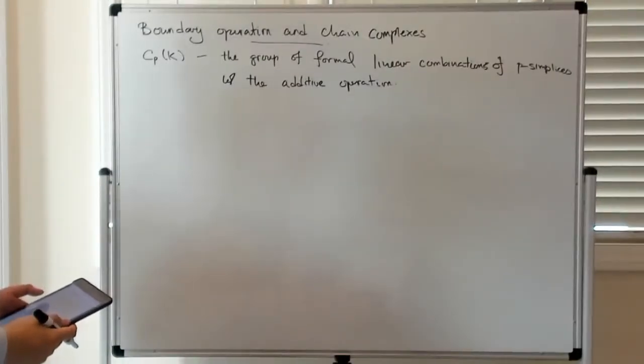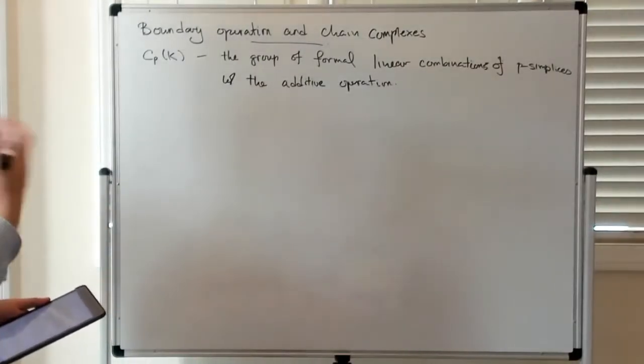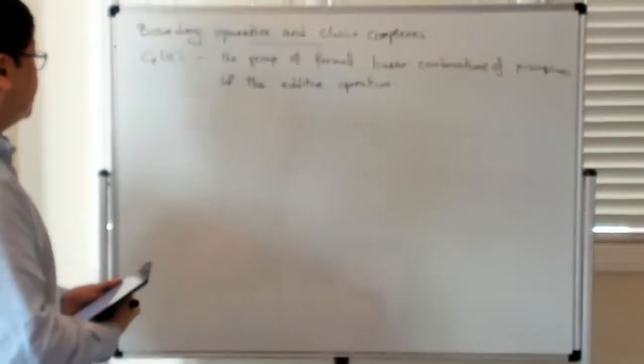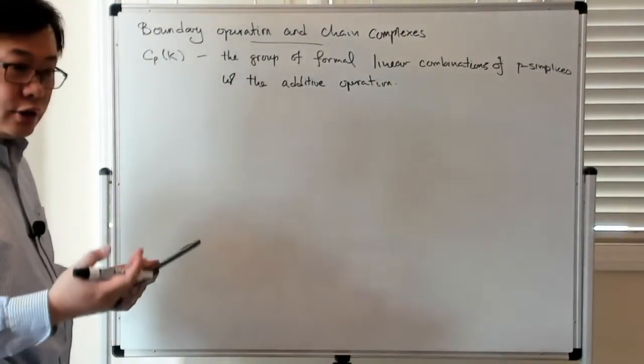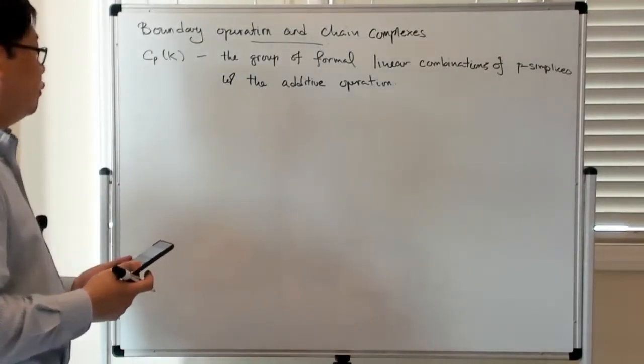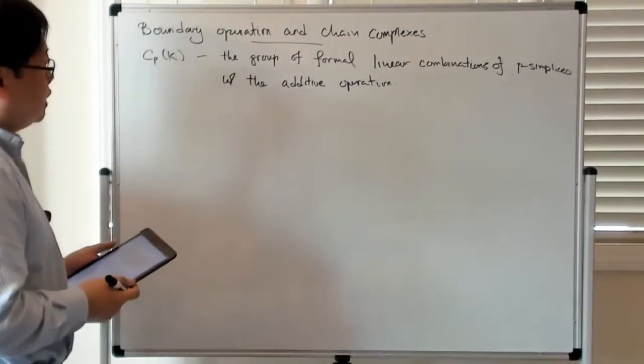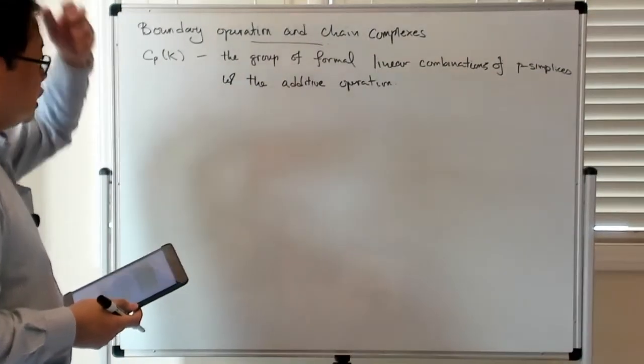Okay, and if you recall, this is all in service of this notion of homology. Homology is concerned with the question of finding holes, or describing holes in some topological space.